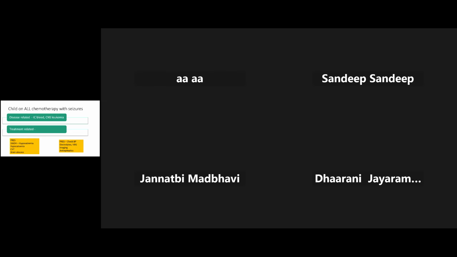So, how will you approach this child? Check BP, which will indicate the presence of PRES, followed by MRI imaging of the brain. Check the electrolytes and VBG, do the MRI brain as I already told, and you should start the antiepileptics.